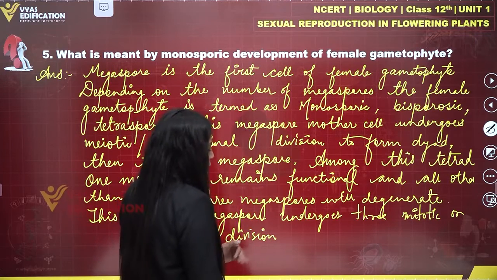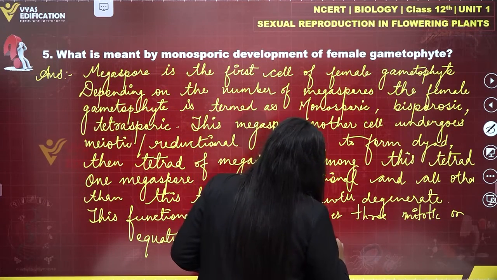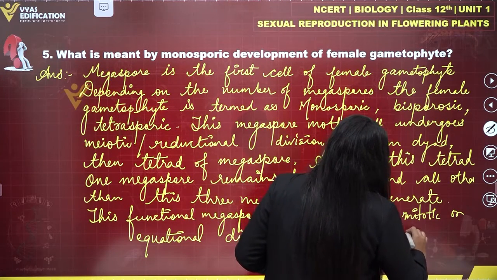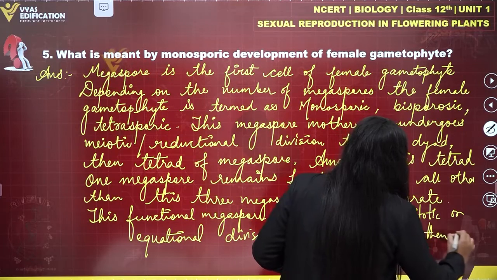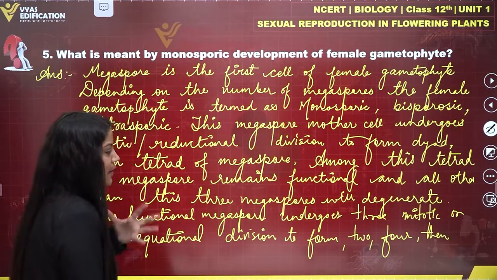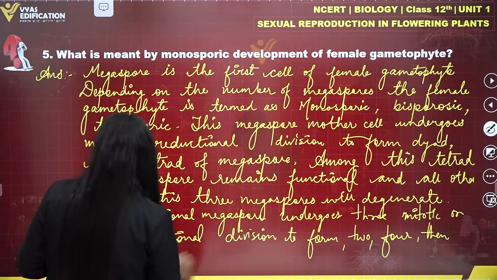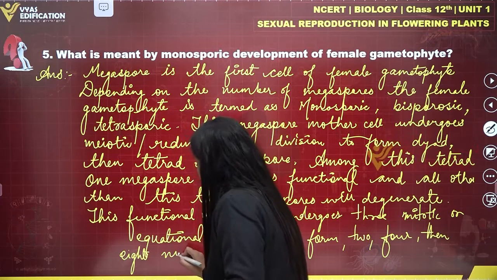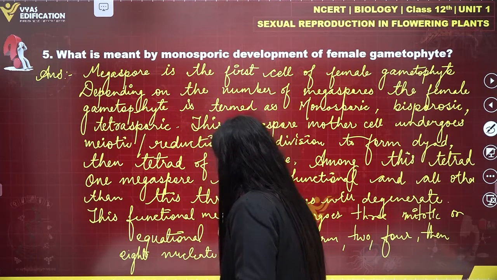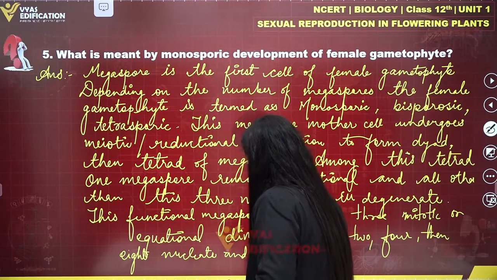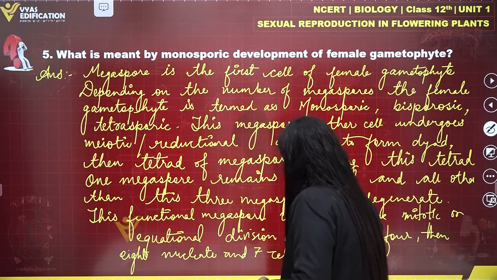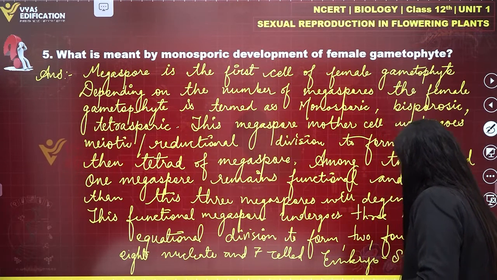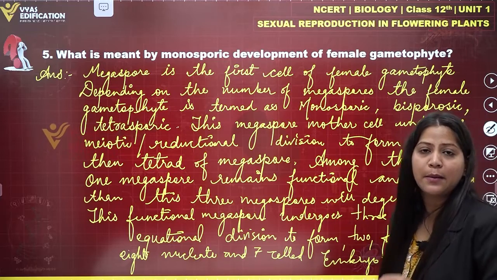To form 2, 4, then 8 nucleate, 7 celled embryo sac, which is also known as the female gametophyte.